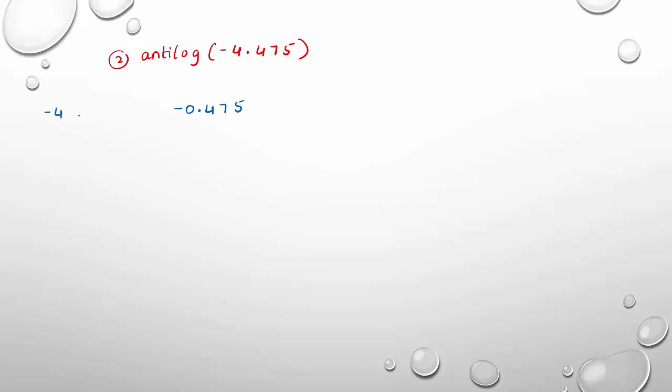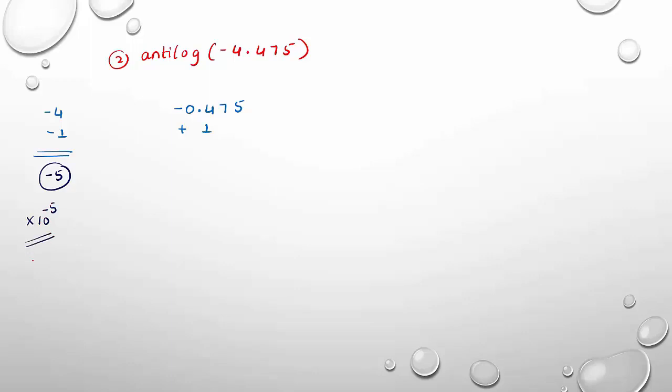This number is written separately into two parts. Here this will be minus 1 and this will be plus 1. Minus 4 minus 1 means what is the final answer? We got minus 5. In the answer, we have to write it as 10 raised to minus 5.